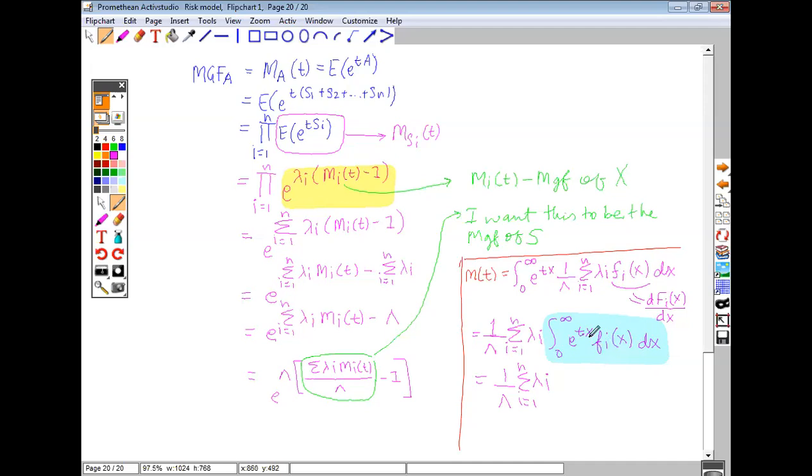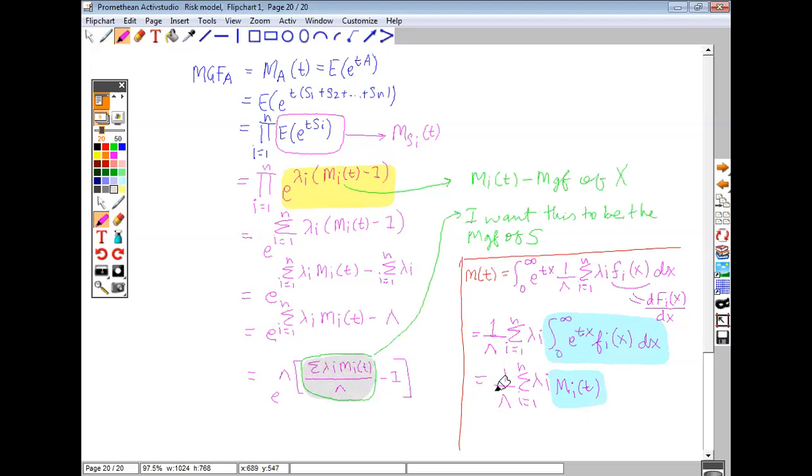This is the PDF of something, and this is e raised to tx multiplied by the PDF, and then we are taking the integration from 0 till infinity, which encompasses all the values that our x can take. So this essentially will be the MGF. I can rewrite this as M_i(t) here. Is this part clear to everyone? Yes, ma'am.